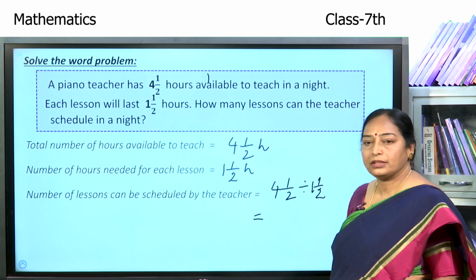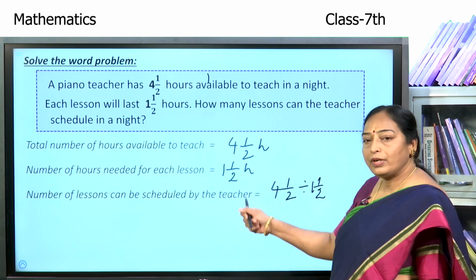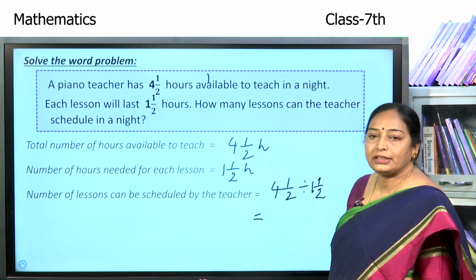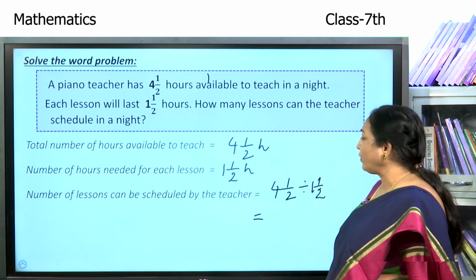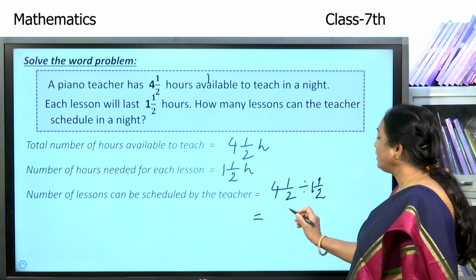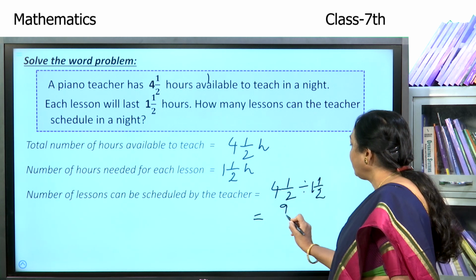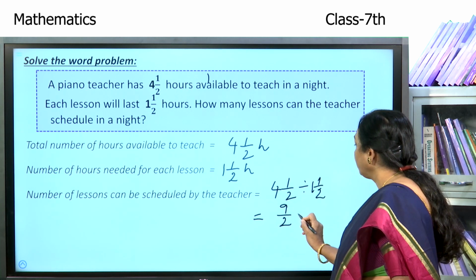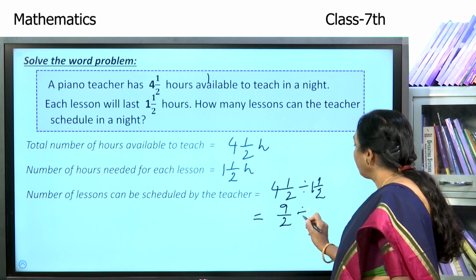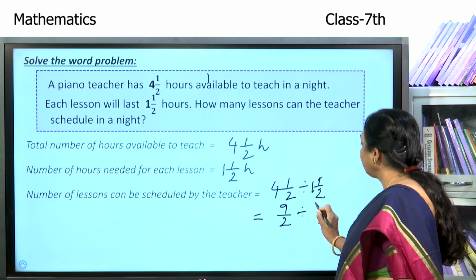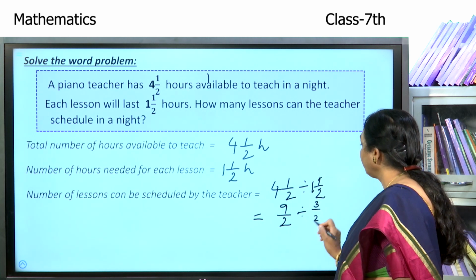How do we do this? Convert both the decimals as improper fractions. 4 2s are 8, 8 plus 1 is 9. It can be written as 9 by 2 divided by 2 1s are 2 plus 1 is 3, 3 by 2.